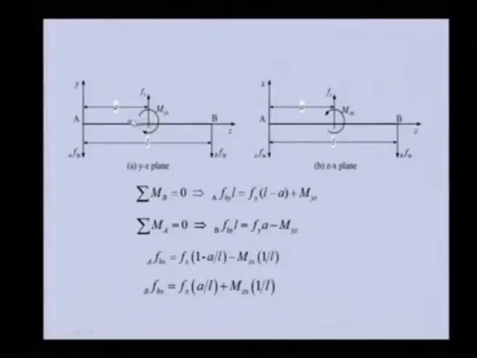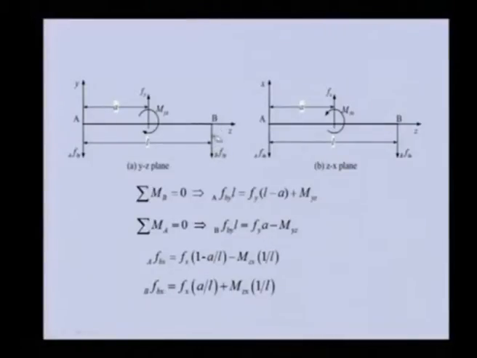They will be acting in the positive y and positive angular displacement direction. Now, the two ends of the shaft, A and B, we have removed from the bearings also. So these are the bearing forces in the y direction and for the other bearing in the y direction, both in one plane.